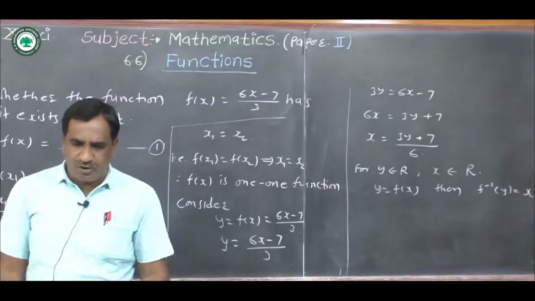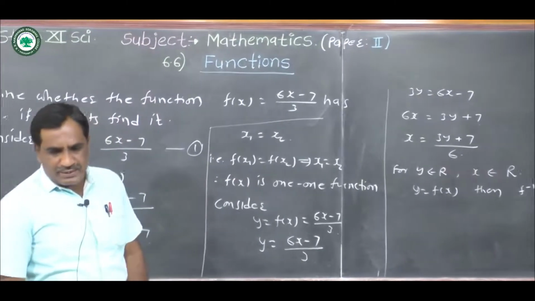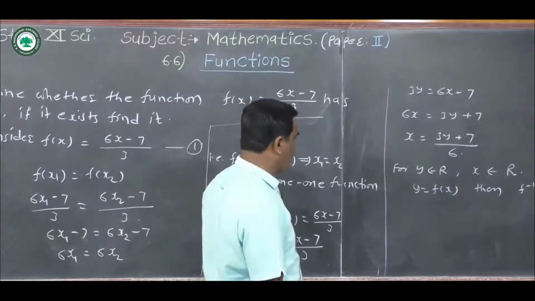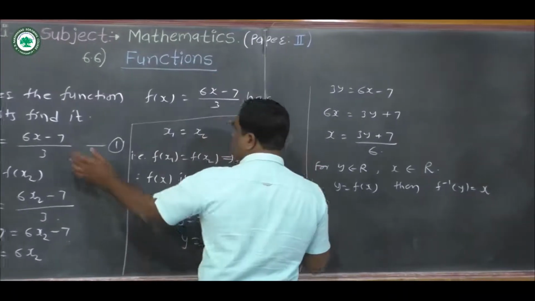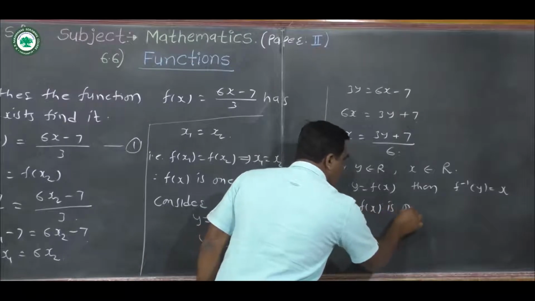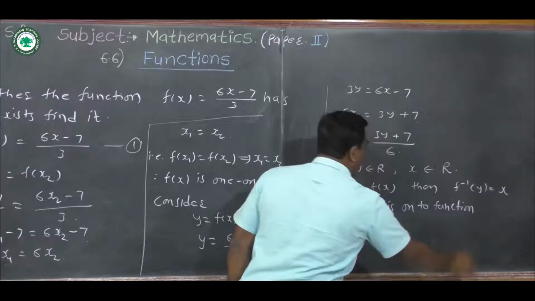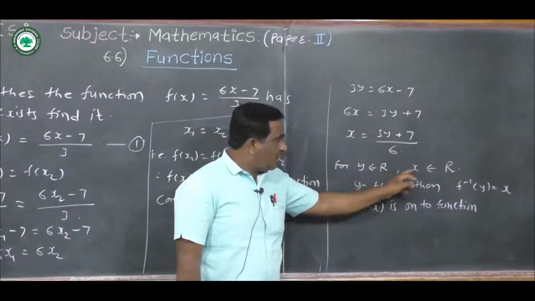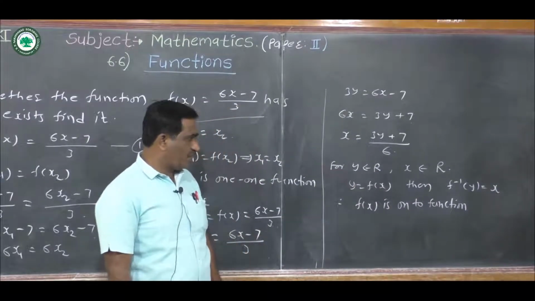Or we can write, for every y belongs to R, we have x belongs to R such that f of x is equal to y. Therefore, f of x is onto function. For every y there is an x in R, therefore f of x is an onto function.